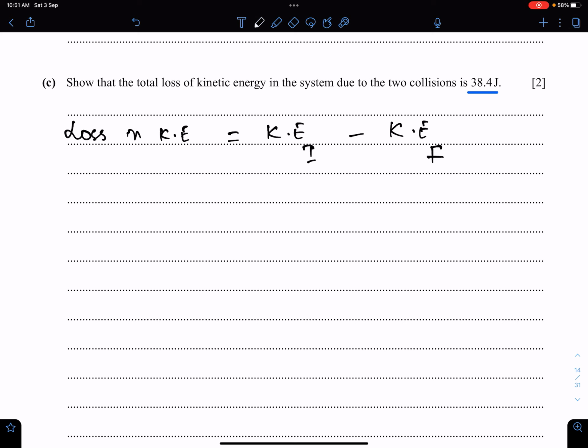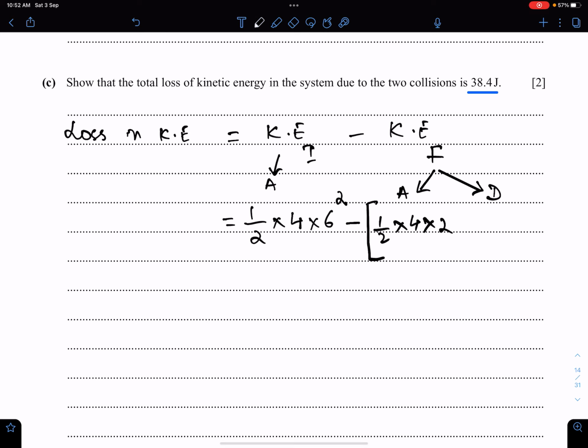Kinetic energy before the collision: before the collision only particle A was moving. So half, mass of A is 4 and its speed before the collision was 6. Kinetic energy after the collision: A was moving with speed 2, and this is D. So half, mass of A 4 and its speed after the collision was 2.